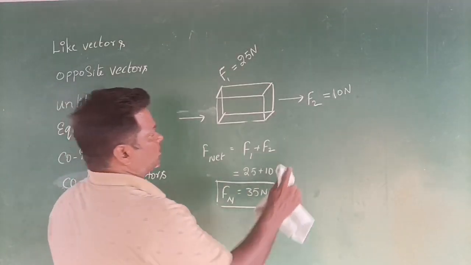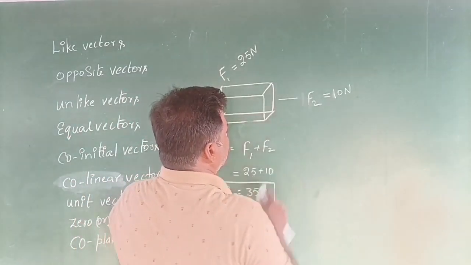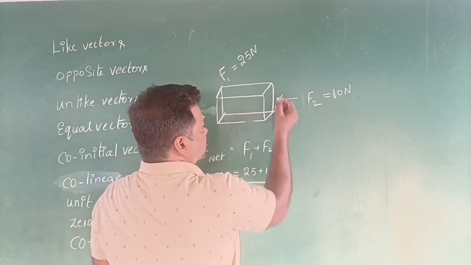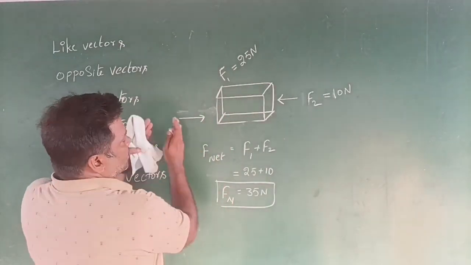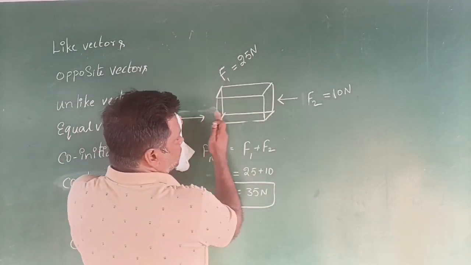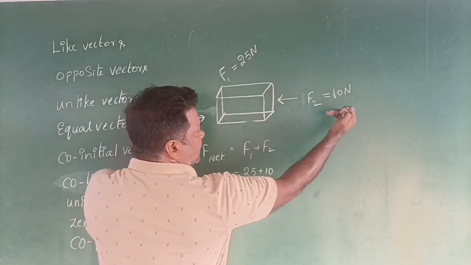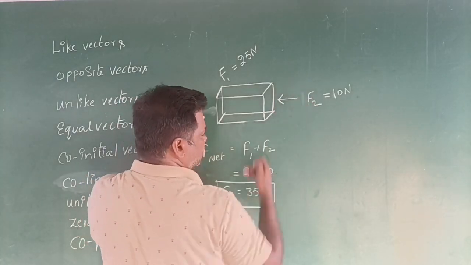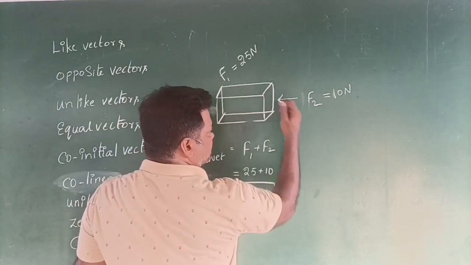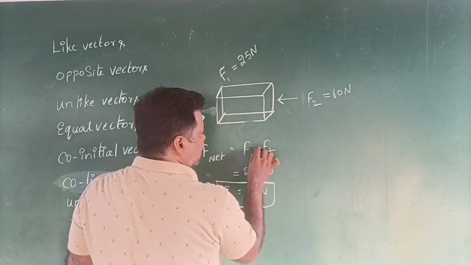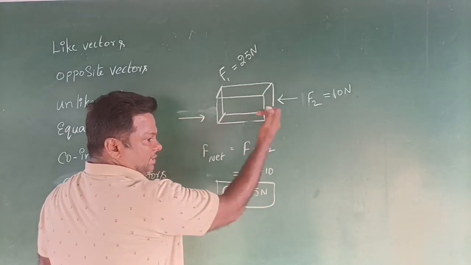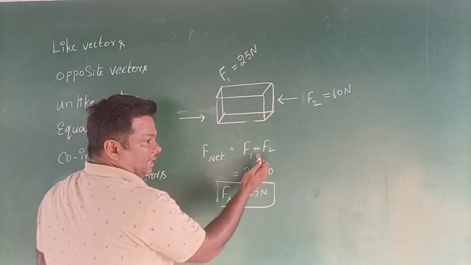Suppose F2 is acting opposite to this one. How can you write your net force? Your force is acting at 25 newtons on the x-axis and another force is acting opposite to that direction. You can take a negative sign for F2, along the negative x direction.